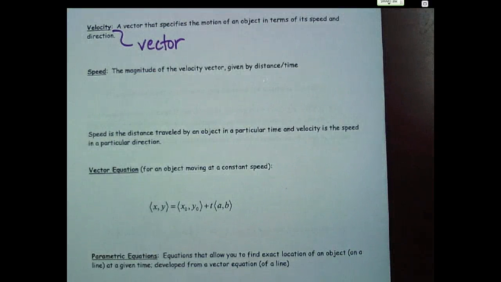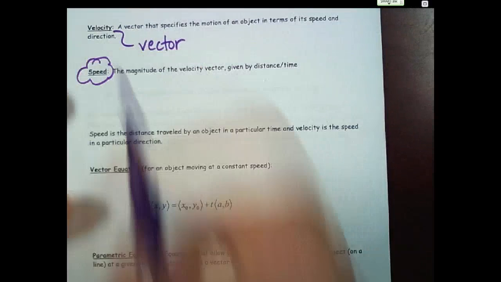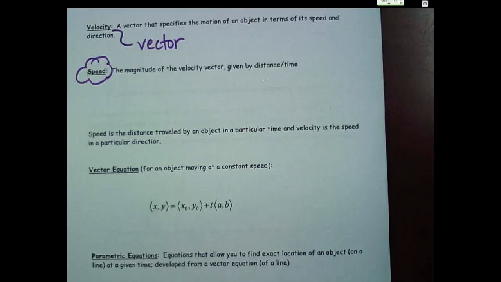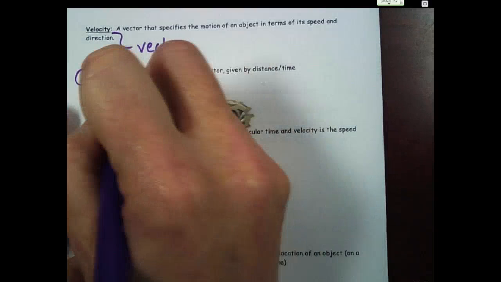But today we're going to talk about vectors and their speed. Yesterday you found speed as well when you found magnitude. Do you remember finding magnitude?